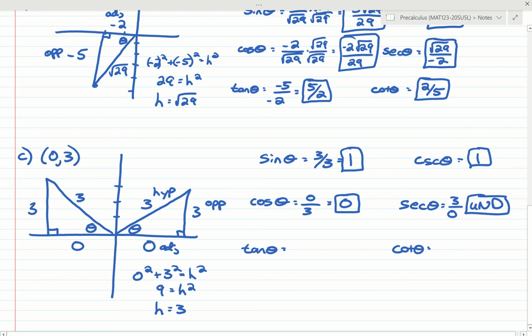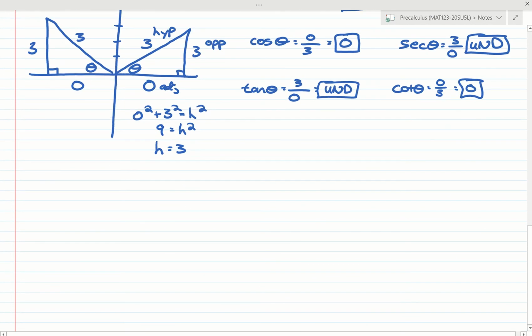And then tangent would be opposite over adjacent, which is undefined here, and the reciprocal of undefined would be 0. That's how we do those kind of examples.